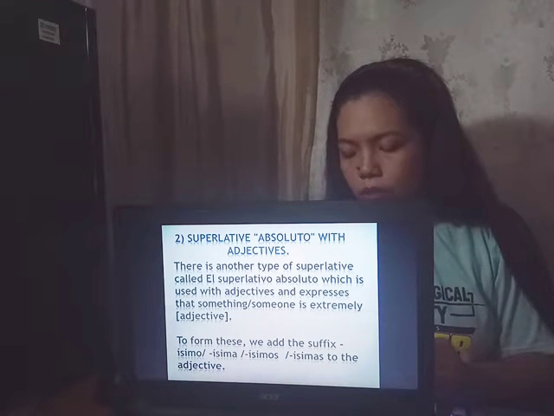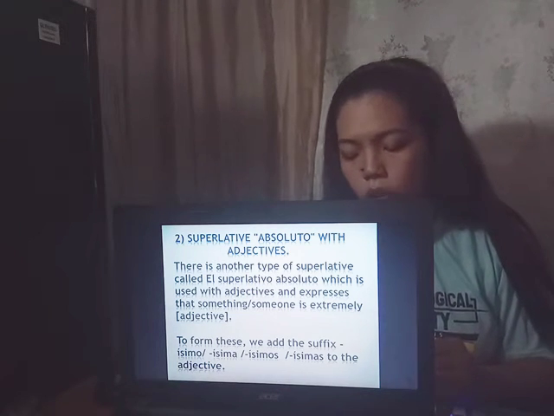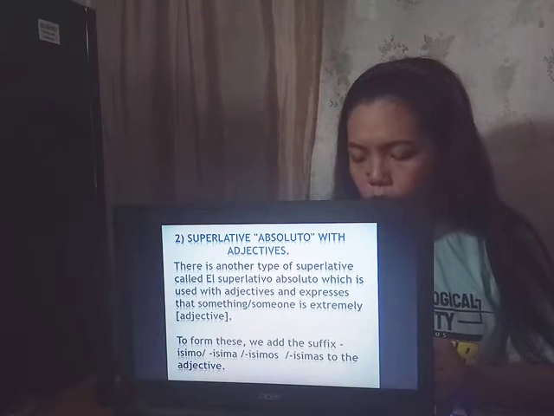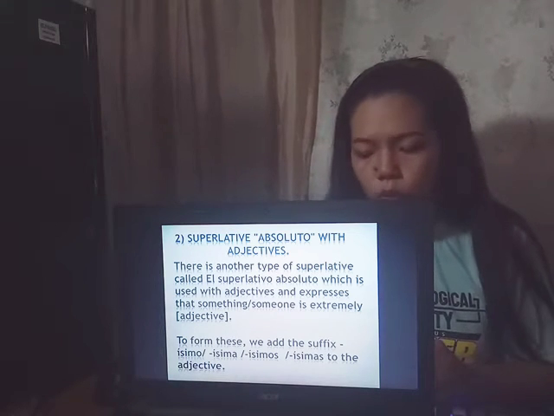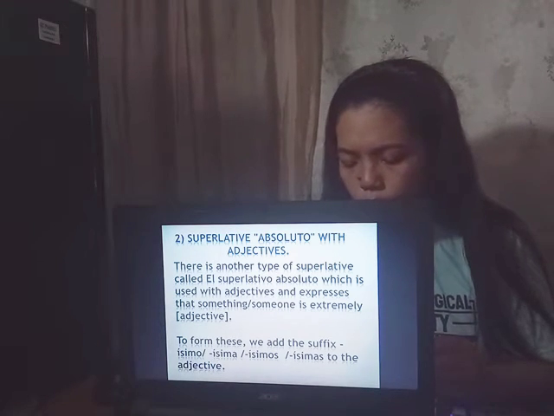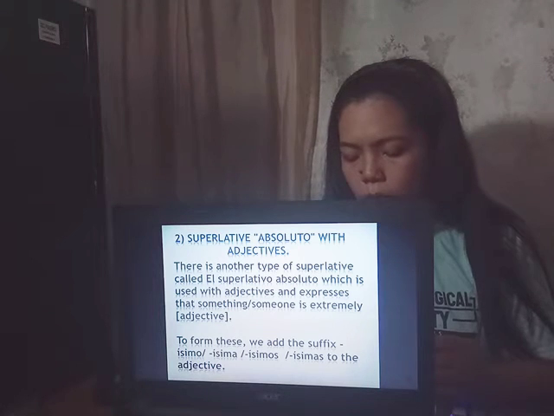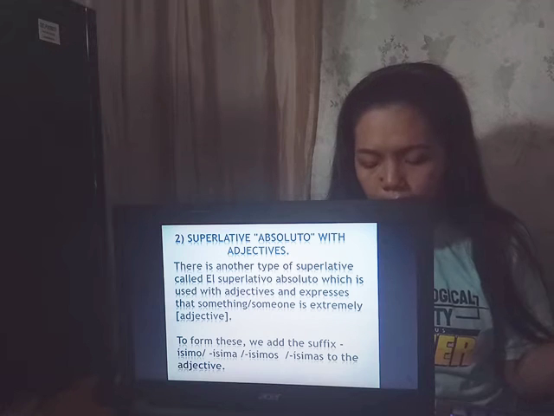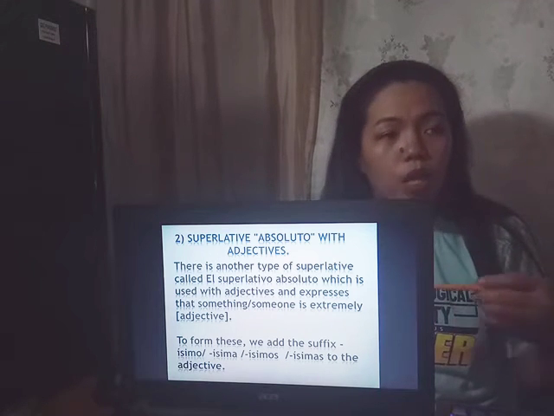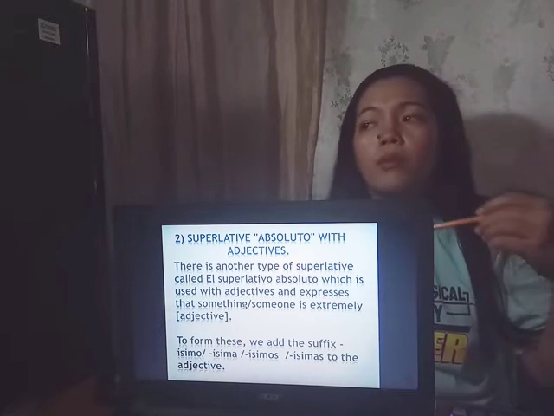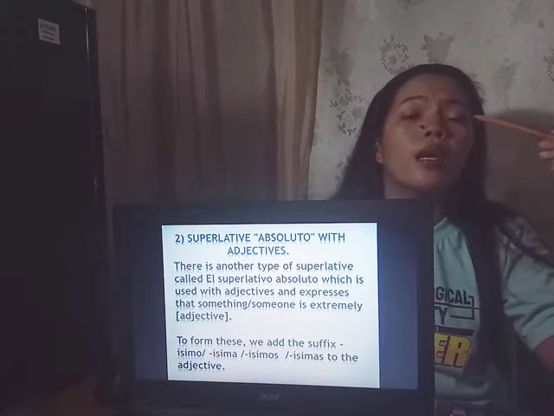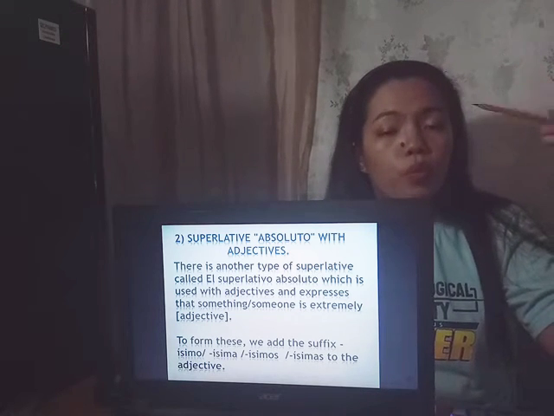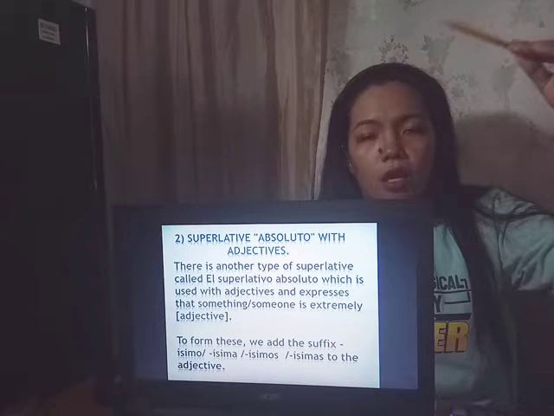There is another type of superlative called el superlativo absoluto, which is used with adjectives and expresses that something or someone is extremely something. So extremely beautiful, extremely talented, so when you describe something that is at the topmost.